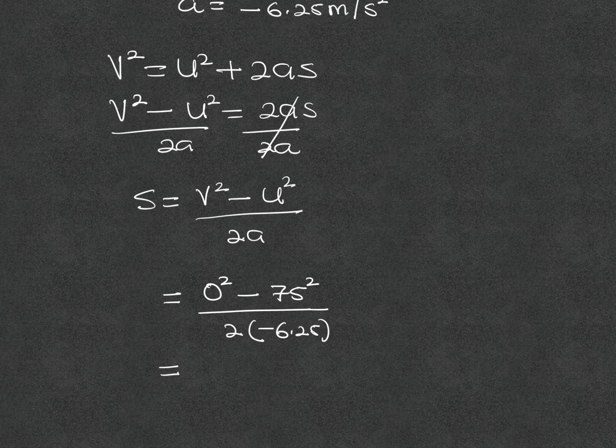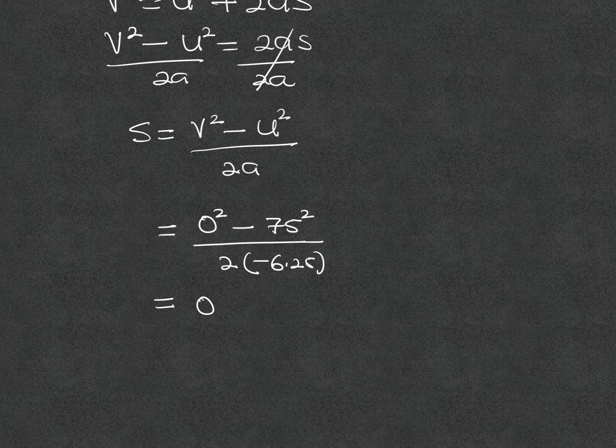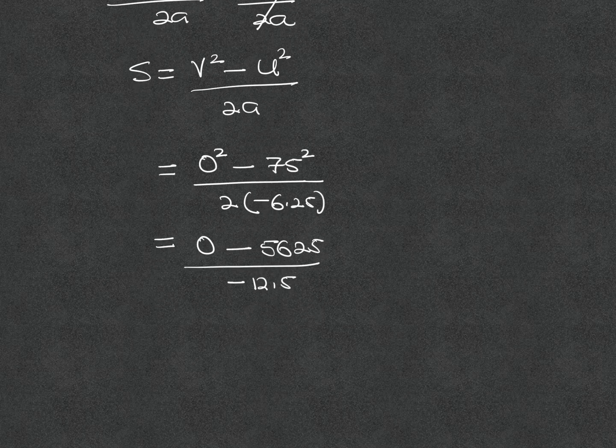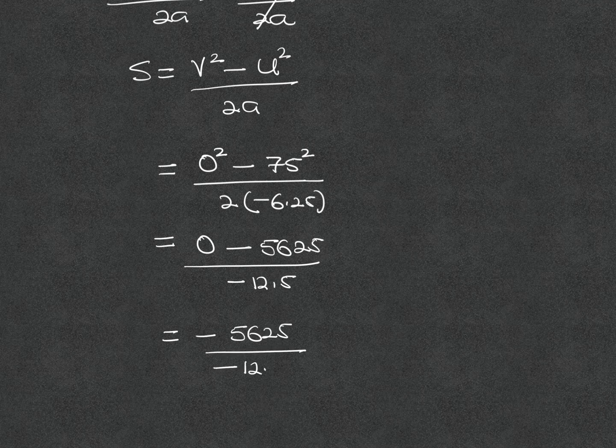So that will be 0 squared is 0 minus 75 squared is 5625 all over 2 times minus 6.25 is minus 12.5. So that will be minus 5625 all over minus 12.5.